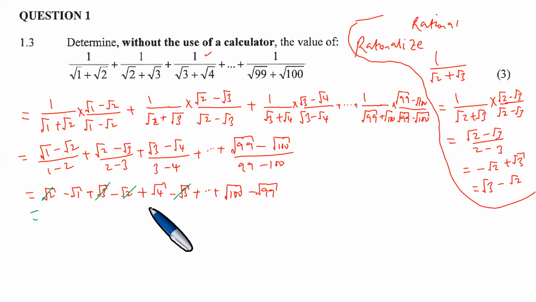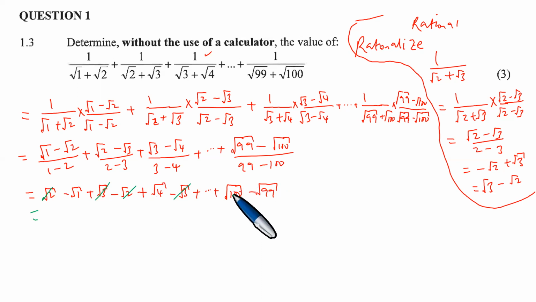If we have only two of these, would anything cancel? If we were to stop just at the pan, the square root of 2 is going to cancel, so you're going to be left with the square root of 3 minus 1. In other words, you're just left with this one and the minus 1.